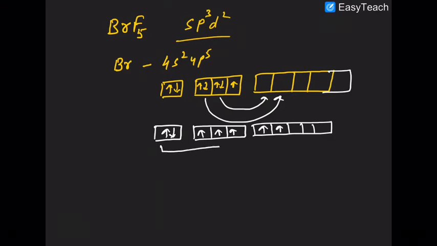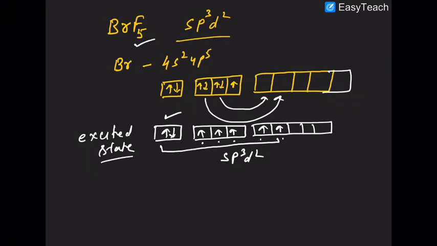So they will undergo hybridization. This is the excited state of the bromine atom. So what you have is sp3d2. Now look at that, 1 2 3 4 5, these unpaired hybrid orbitals will form 5 bonds with fluorine, while the 6th position will be taken by the lone pair.